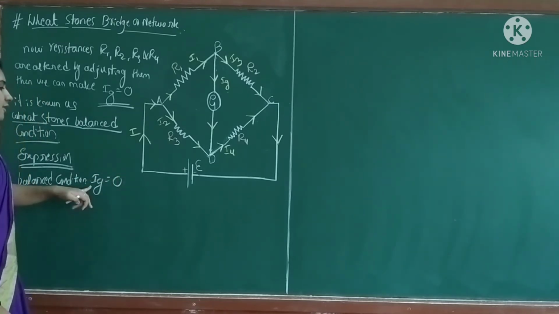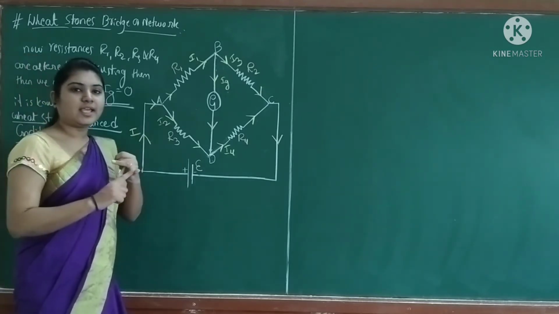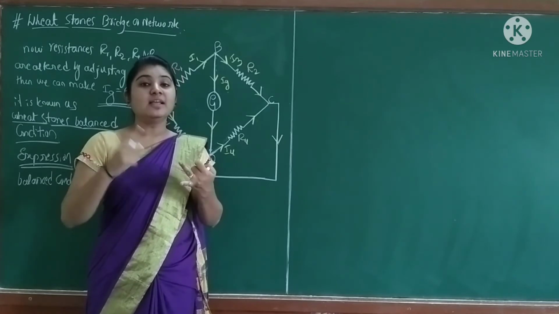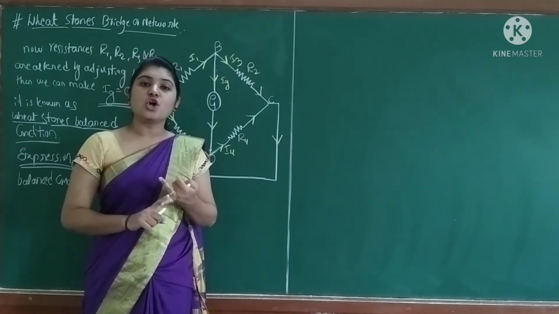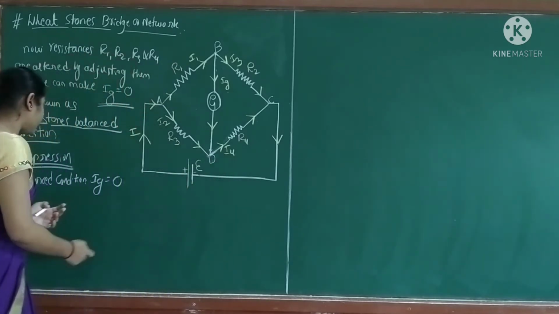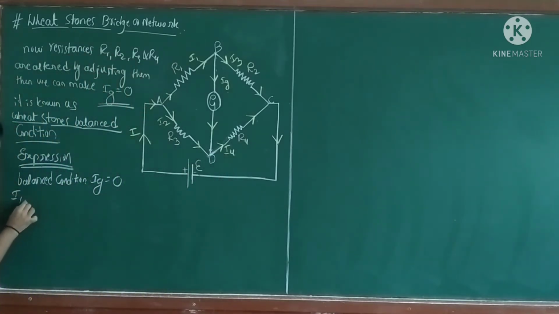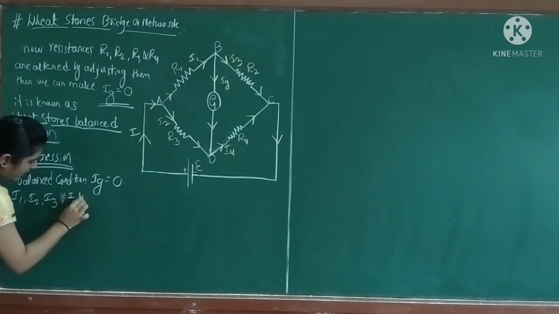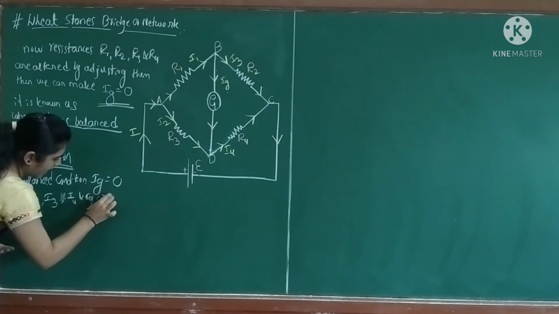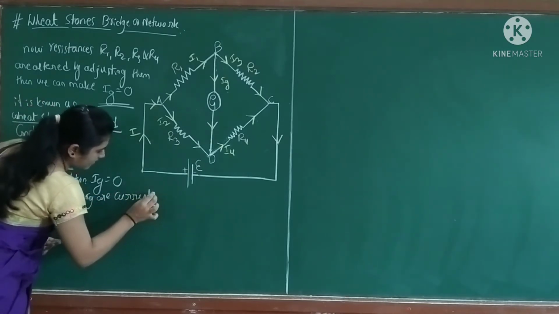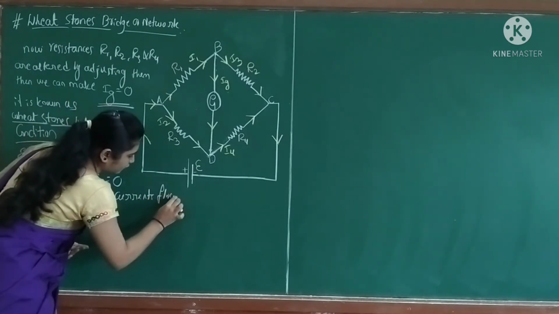First we apply Kirchhoff's current law. Later we will apply Kirchhoff's voltage law. You can write here: I1, I2, I3, I4 and Ig are currents flowing through.